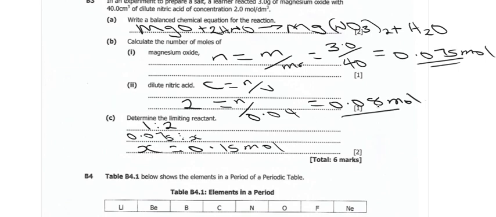So let's check the moles of nitric acid we have. We have 0.08 available. Now comparing it to the required one, we see that the required one is bigger than the available. That's to say, this one will get finished in the process, and nitric acid qualifies to be a limiting reagent. So nitric acid is a limiting reagent.